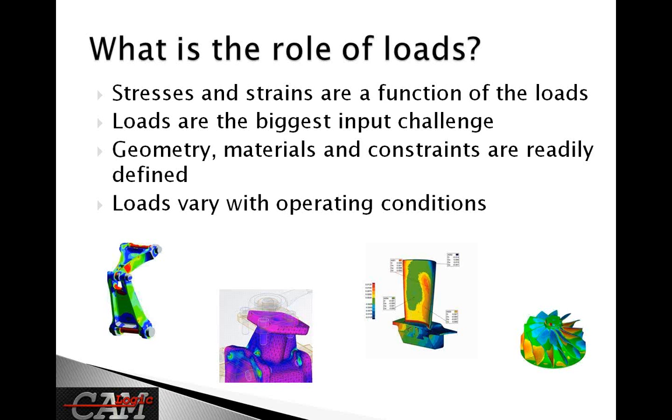Sometimes that can be readily obtained with some kind of instrumentation, but sometimes it's hard to instrument areas of interest where loading is occurring, especially if the load is some kind of sliding contact, and so it's hard to put instrumentation in that area.